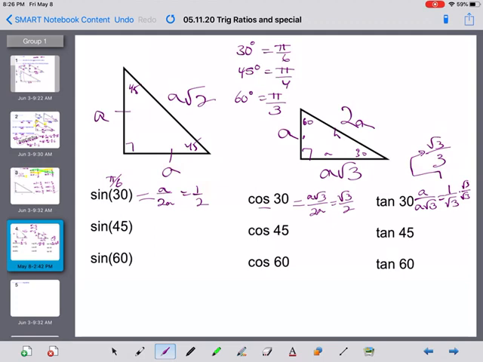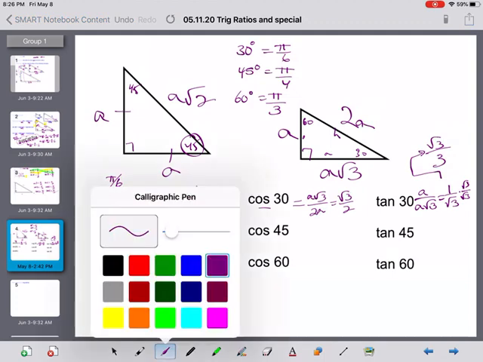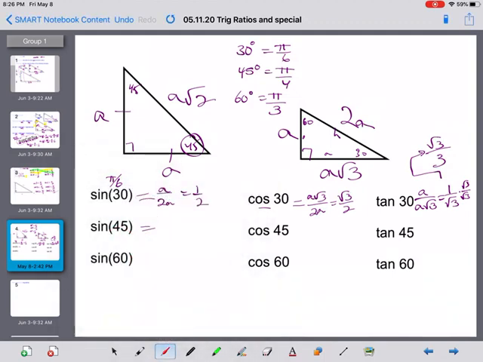So sine of 45 degrees or pi over 4. Let's come over to this triangle. I'm just going to change the color of my pen. So 45, sine is opposite over hypotenuse. A over A radical 2 is 1 over radical 2.